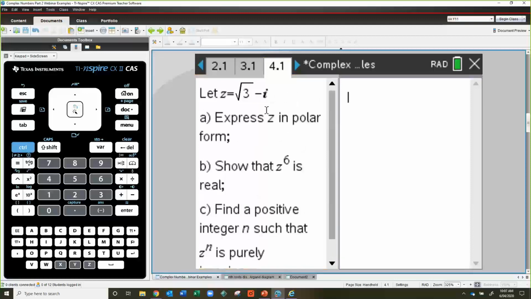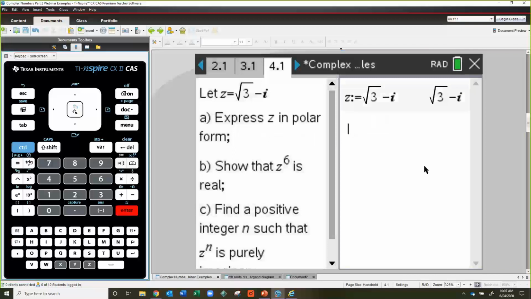What we'll do, we'll define our z. So we can say let z be equal to square root 3 take away i. So the calculator remembers that that's what z is.